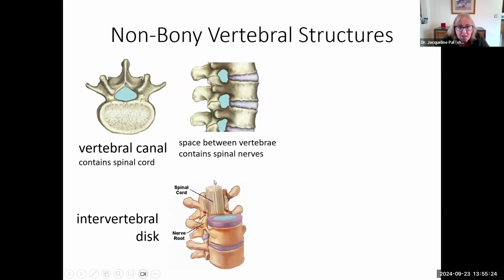So if we look at this one, here is the spinal cord, okay? This right here is where that disc sits, and here's the spinal cord. And then coming off the spinal cord, here is where those nerves have axons going in or coming out of the spinal cord. And this is the little space where that is happening right there.